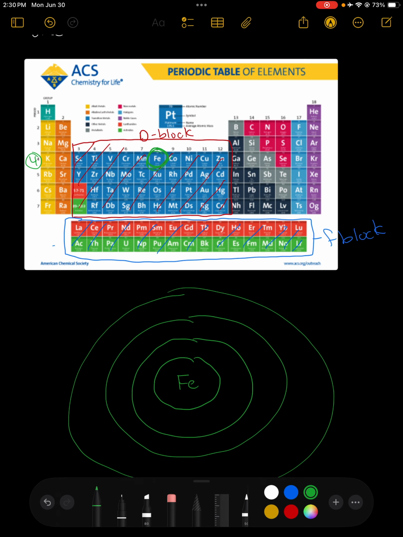Now, as soon as you get to that 4th row, counting the boxes is going to be a little bit different, because with the method I just told you, in that 4th circle, theoretically, there should be 1, 2, 3, 4, 5, 6, 7, 8 electrons. But that's not at all the case.